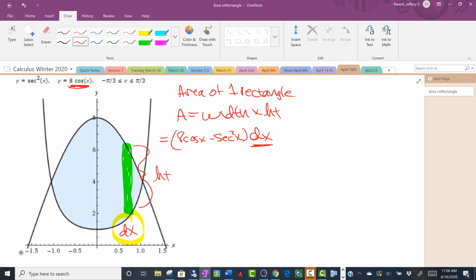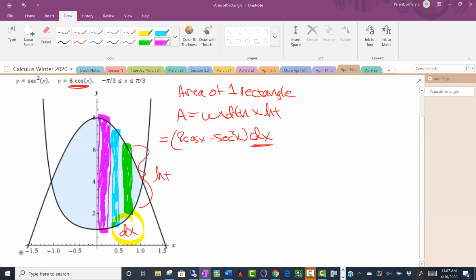All right, now that's the area of one slice. And if we were doing this as an approximation, then we'd add the area of another slice, and then the area of another slice. And we keep on adding these areas until we get an approximation of the whole area. Well, we can do better than just approximating.